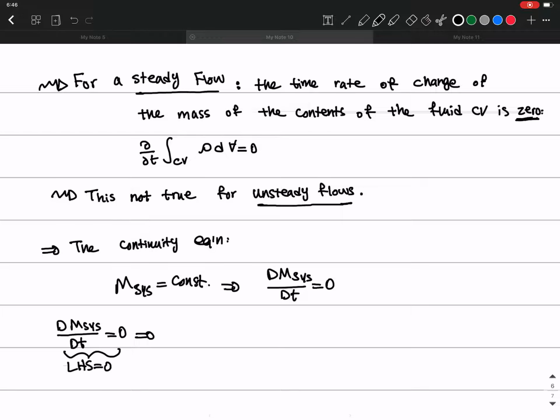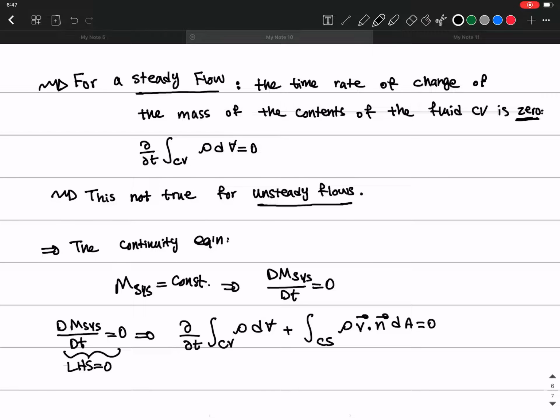And thus, the continuity equation is as follows. This is just the sum of those two terms: partial over partial t, over the control volume, of rho dV, plus the integral over the control surface of rho v dot n dA, is 0.